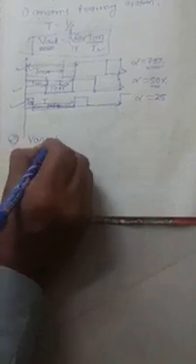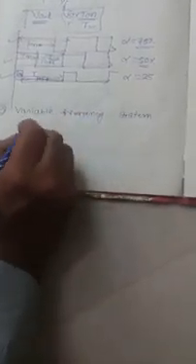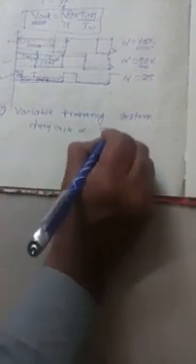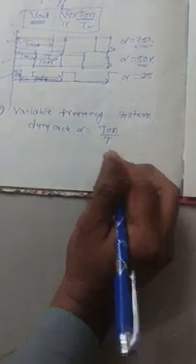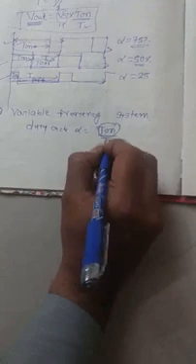Similarly, case 2, the variable frequency system. In the variable frequency system, the duty cycle alpha is equal to T on upon T. T on time is constant, and the time period changes, that means the frequency changes. So the duty cycle is changed, and the output voltage is controlled in the DC to DC buck converter.